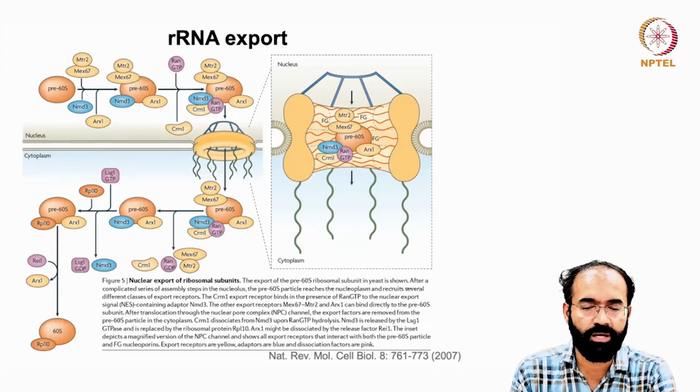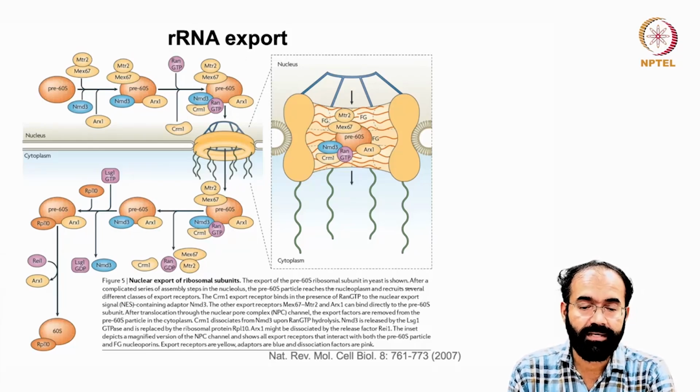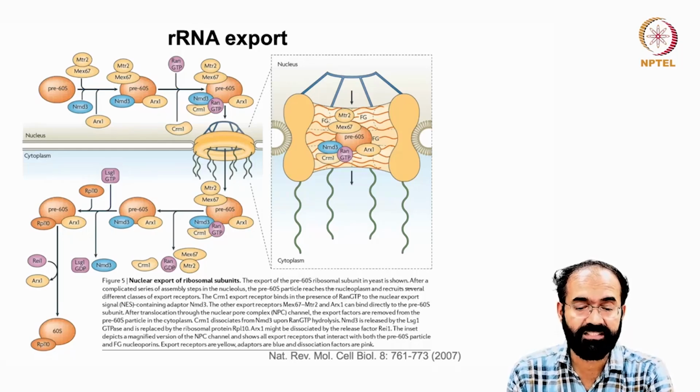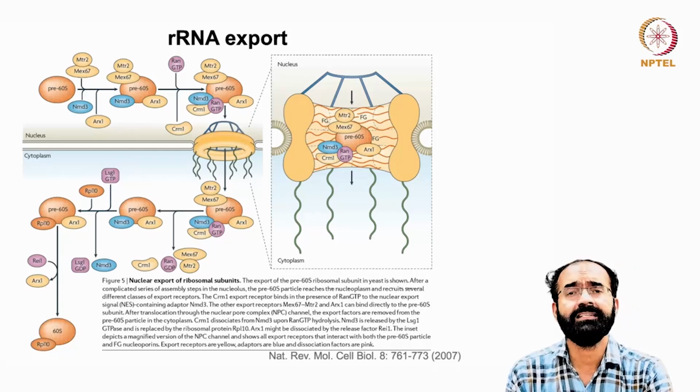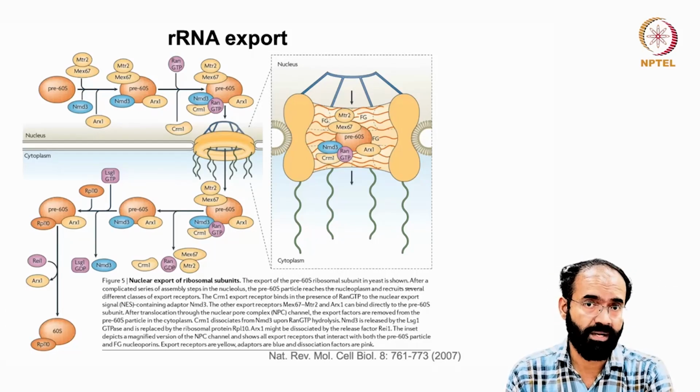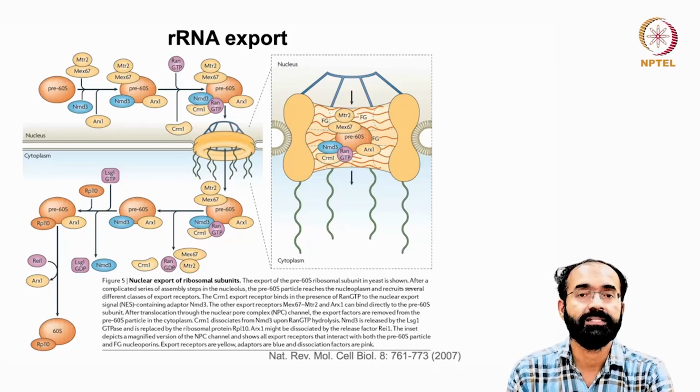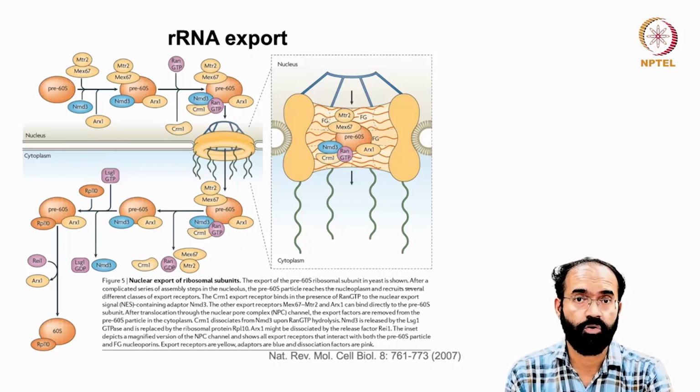They join together to form a complex, and the RAN GTP joins and CRM1 also joins, and you end up getting a huge complex, and this RAN GTP undergoes GTP hydrolysis in the cytoplasm once it comes out of the nucleus, and you end up disassembling these proteins and you end up making a 60S ribosomal complex, that is ribosomal RNA plus permanently associated proteins which are present in the 60S ribosomal subunit.